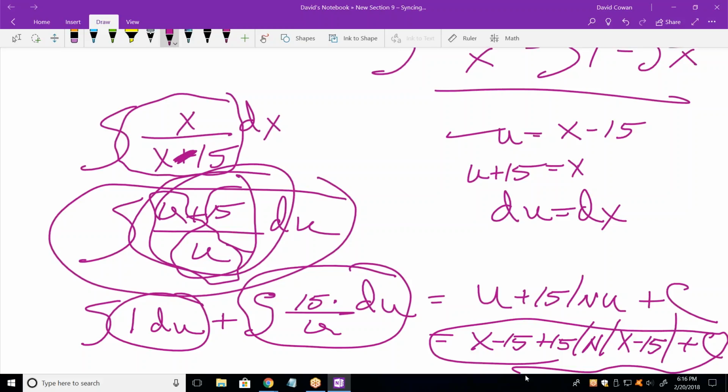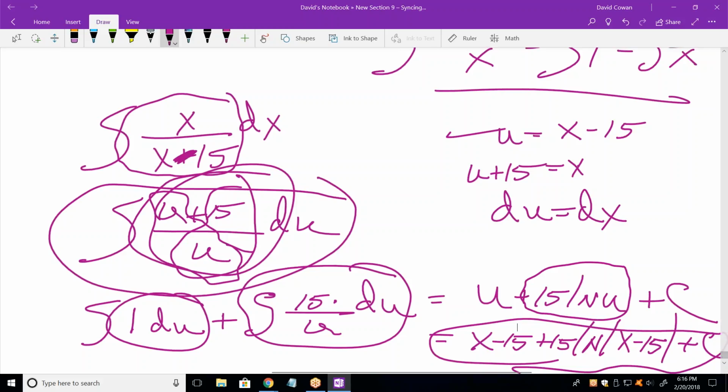And that 15, where you integrated 15 over u and you got natural log of u, that's just something you have to have memorized, right? Yeah, the integral of 1 over u is natural log of u. Let me help you memorize that.